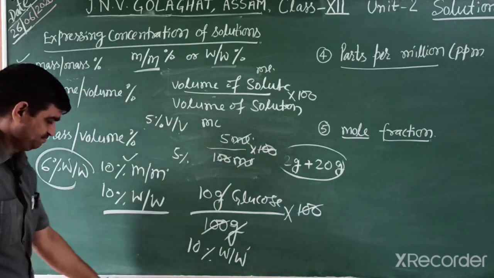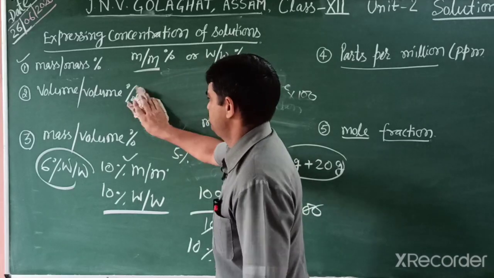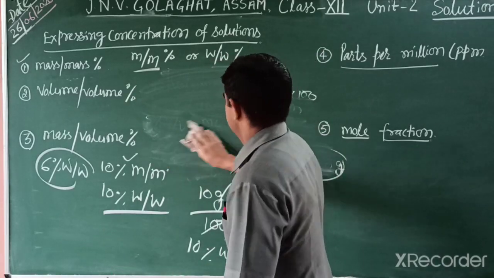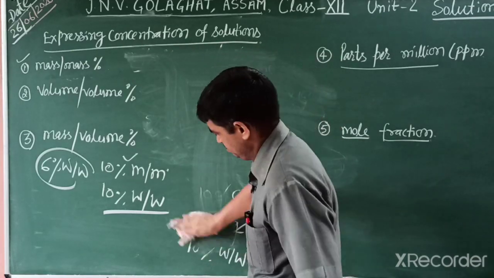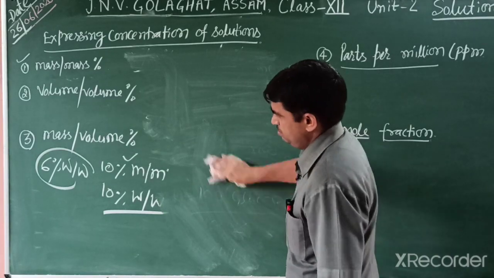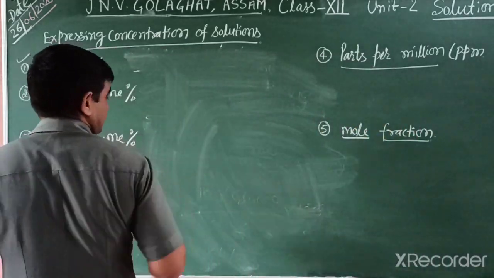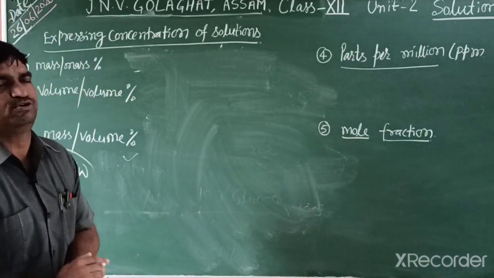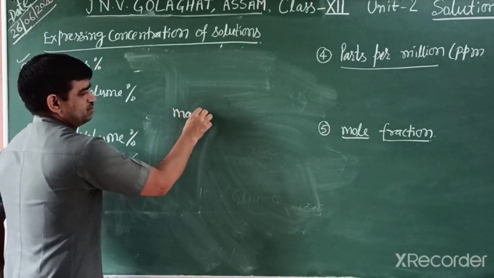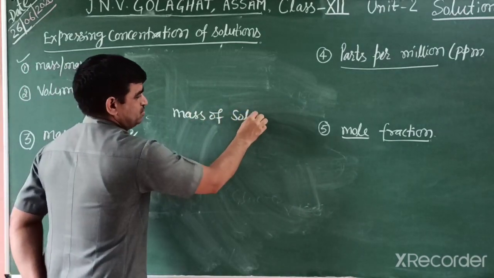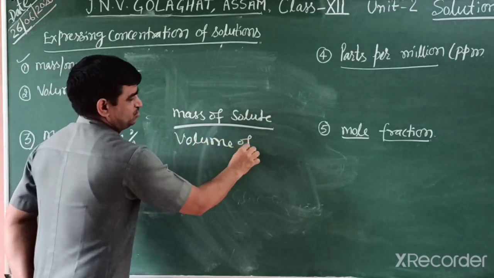Another formula, when we combine both mass and volume, is known as mass by volume percent. This mass by volume percent is used almost always for medicine packing, meaning mass of solute divided by volume of solution.